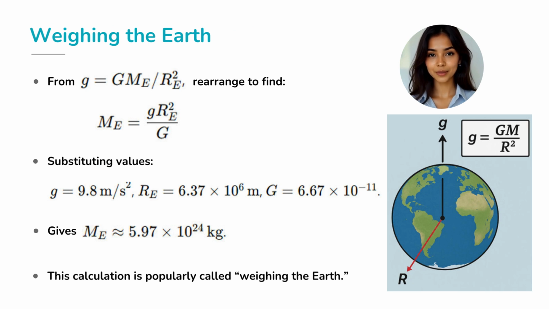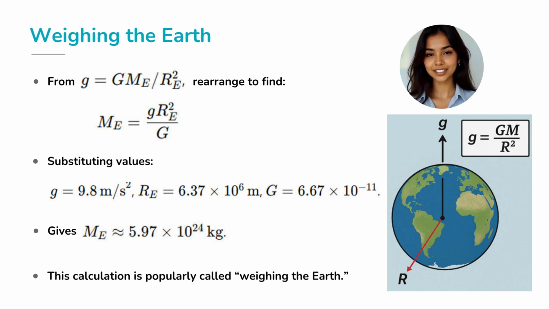Here's the mind-blowing part. With just g, G, and R e, we can weigh the Earth itself. Rearrange g equals G m e over r e squared to get m e equals g r e squared over G. Substitute the numbers. g equals 9.8 meters per second squared. R e equals 6.37 times 10 to the power 6 meters.